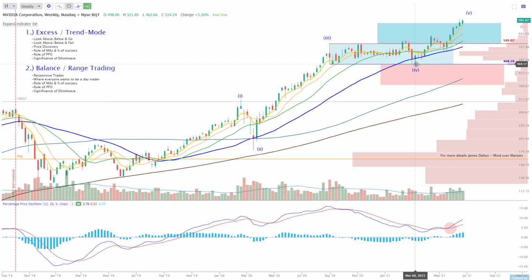You have here another look below and fail, which targets this side of balance. When we got here, that became the sell again. You did find sellers. She came right back into the 40 and then set up your look above and go. So that's how we used the balance rules, which are found at shadowtrader.net in the glossary, to our advantage, right?